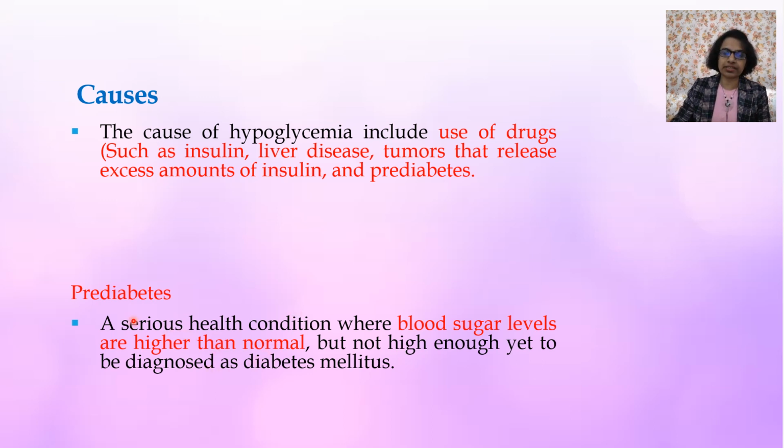But in the pre-diabetic condition, pre meaning prior to occurrence of the disease, the patient may show some symptoms relevant to diabetes mellitus. Blood sugar levels are higher than normal, but not enough yet to be diagnosed as diabetes mellitus. That is known as pre-diabetes.